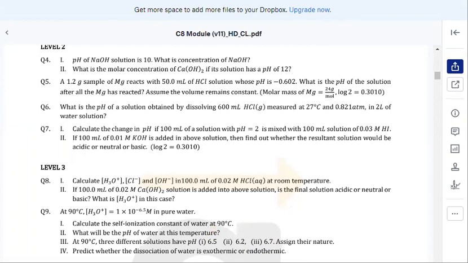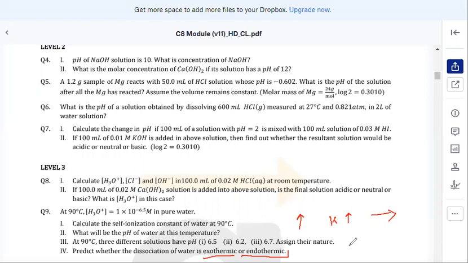Now predict whether the dissociation of water is exothermic or endothermic. Think about this. Temperature is increasing, K is also increasing. It means the reaction is going forward. Then tell me, exothermic or endothermic? Because at 27 degrees centigrade, K was 10 to the minus 14.